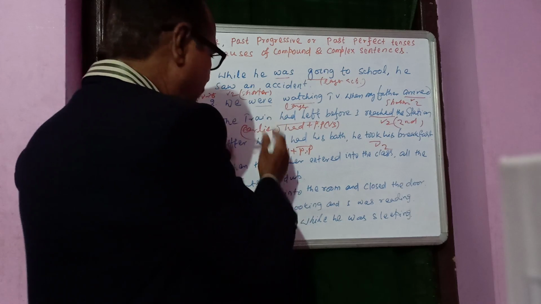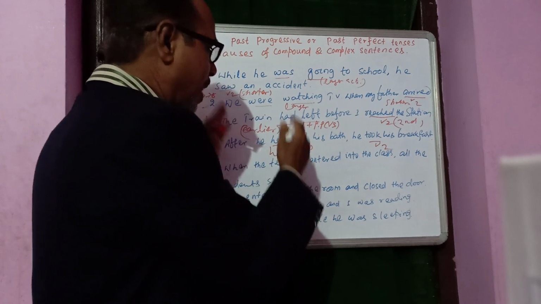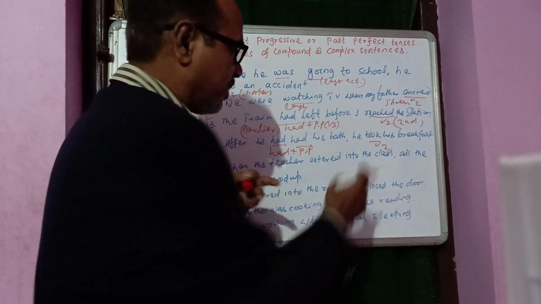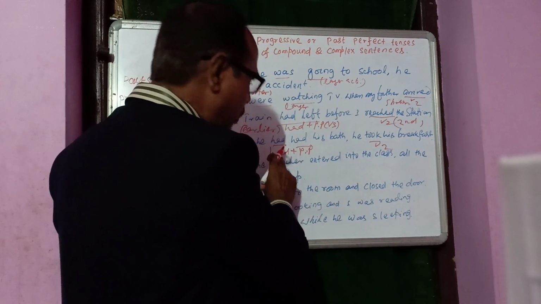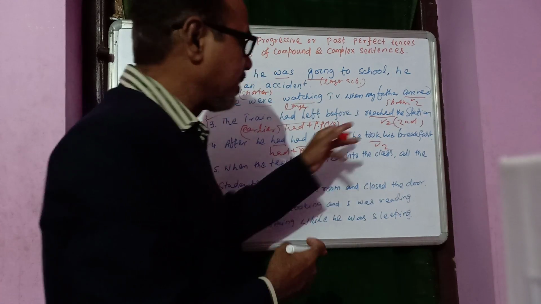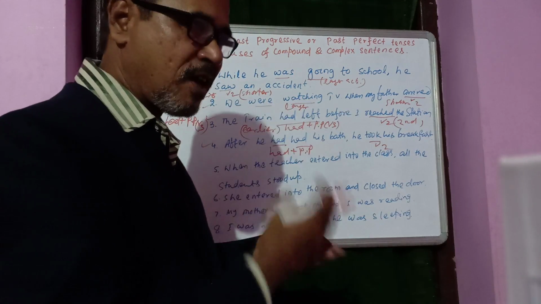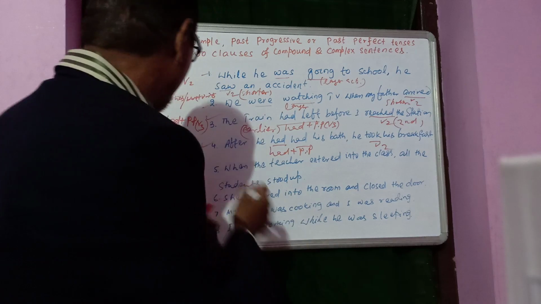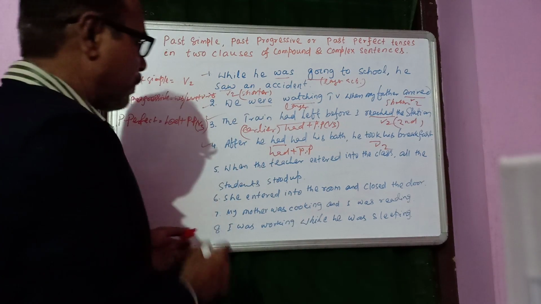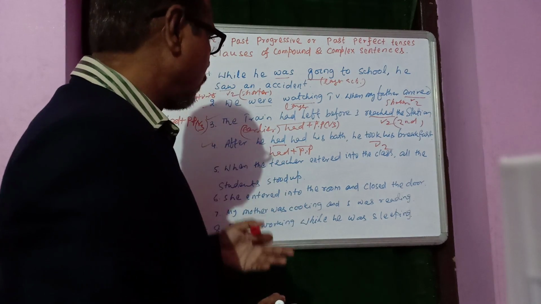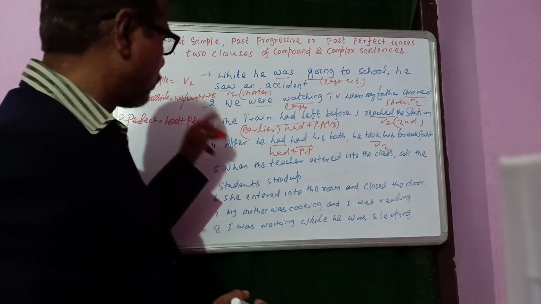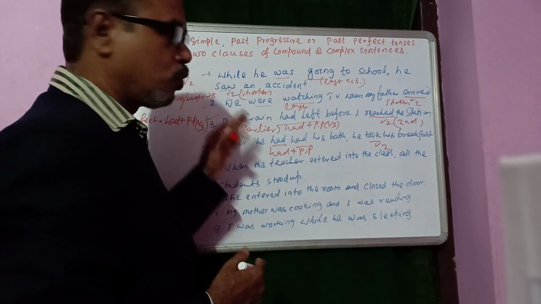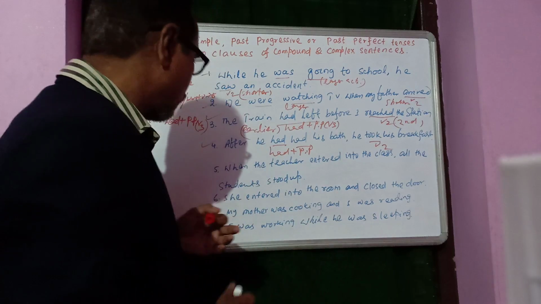This action happened before that action, and that action happened after this one. That's why it takes the V2 form, the past simple, while the earlier one takes the past perfect, had plus PP. Are you clear? Examples 3 and 4 are similar types of examples, and examples 1 and 2 are similar types.